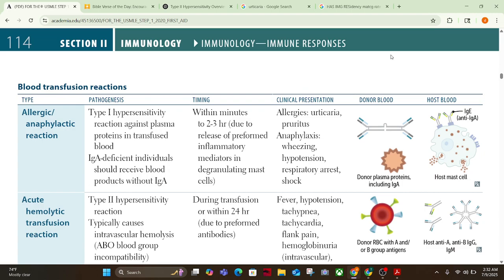Next, the body recognizes this new IgA from the donor as foreign, so the body makes antibody against that IgA, and this is called anti-IgA antibody. So think of anti-IgA antibody as a type of IgE. It's not a type of IgE, but think of it as a type of IgE.